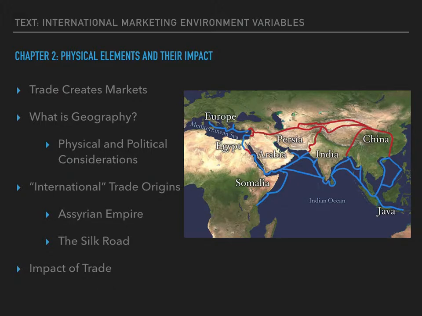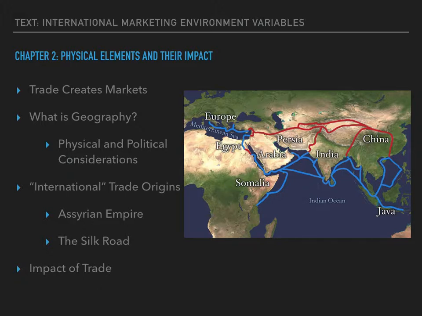You'll see on the slide that the term international is in quotes because in early human society, when markets were initially forming, the idea of a nation or country was not in existence yet. So the idea of international trade is a more modern concept, but it really does date back more than 20,000 years when you look at international or intercultural exchange.